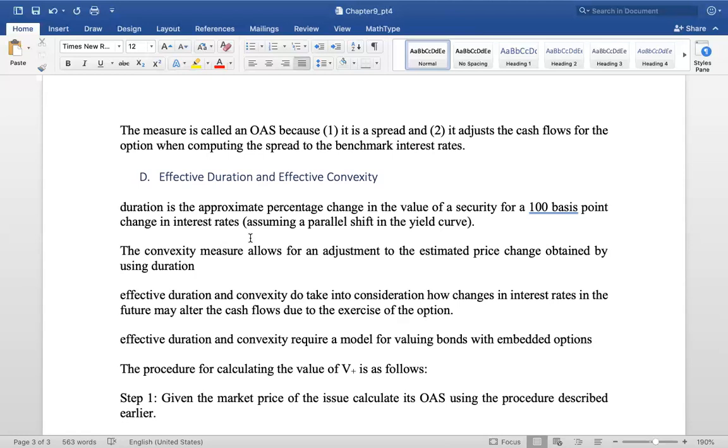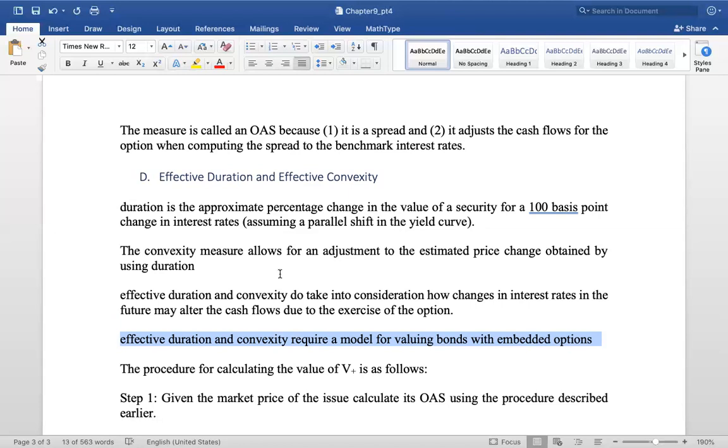What we define as effective duration and convexity is that they also take into consideration how changes in interest rates in the future may alter cash flow due to exercise of an option. So the effective duration and convexity require a model for valuing bonds with embedded options. The formulas for calculating the duration and convexity will remain the same as we discussed in chapter number 7. I think it's not necessary to repeat those formulas here. I'm sure all of you are aware.